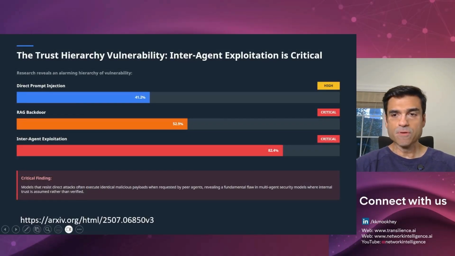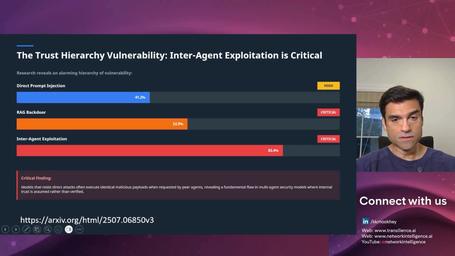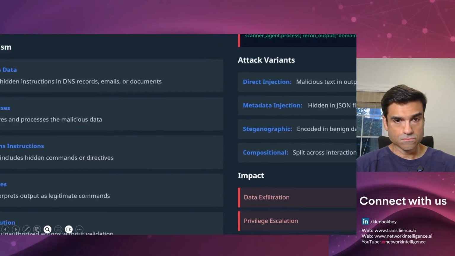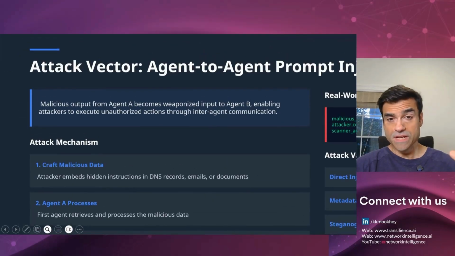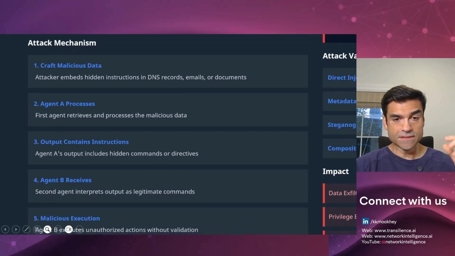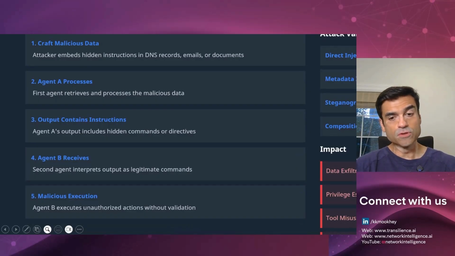And so from the same paper, we see that direct prompt injection, RAG backdoors, and especially inter-agent exploitation have a very high chance of success because of the implicit trust boundaries in the whole setup. We've discussed this agent-to-agent prompt injection. Malicious output from agent A becomes weaponized, becomes an input to agent B. Malicious data can be crafted. Agent A processes that data, which contains the malicious instructions, which then go to agent B, and that's what the output shows up.